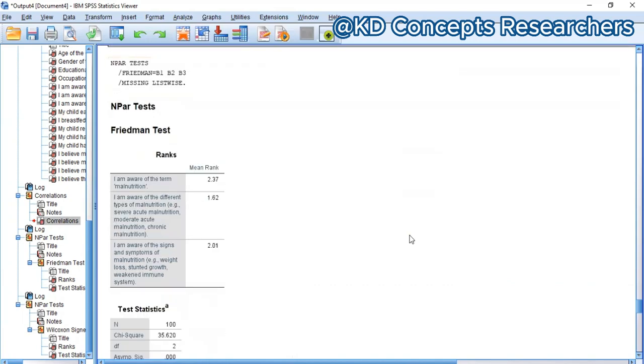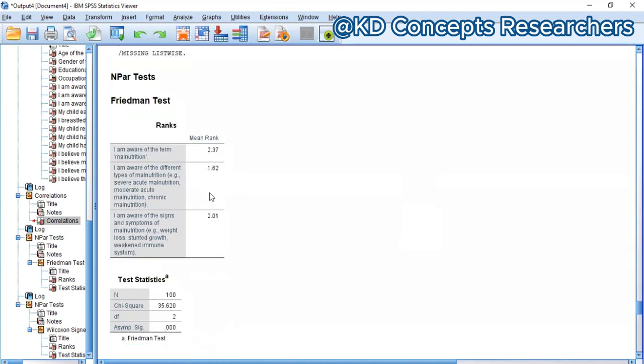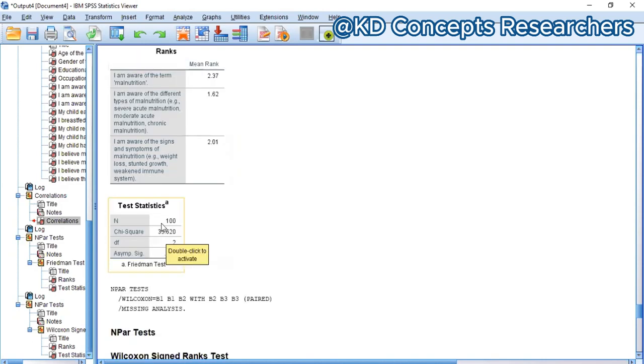Then away from that, we use the Friedman test to compare within a particular section of the questionnaire. We use section B to check if there's a significant difference in the responses of respondents on how they answered the 3 questions. And our test statistic here is highly significant as the p-value is less than 0.001. So this shows that there is indeed a significant difference.